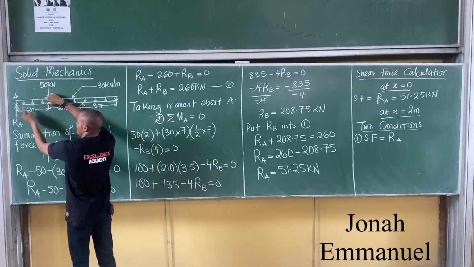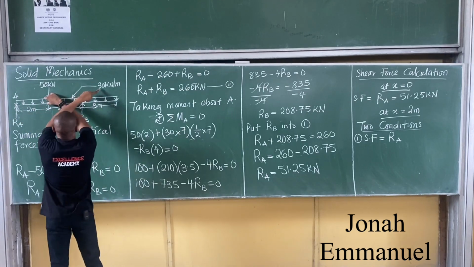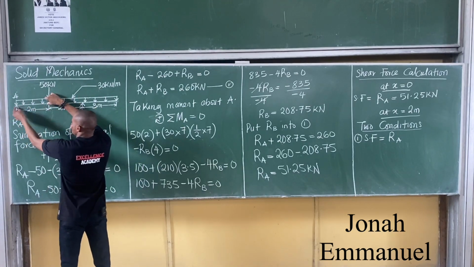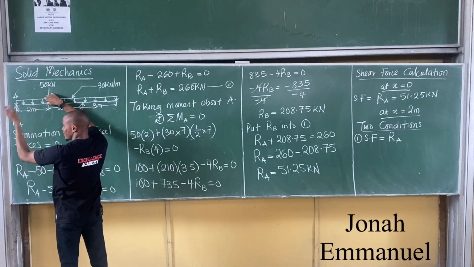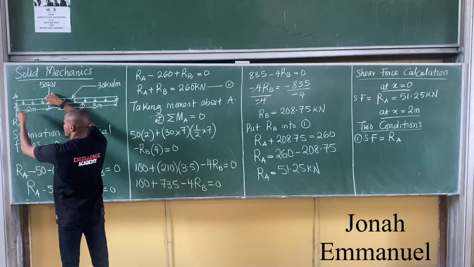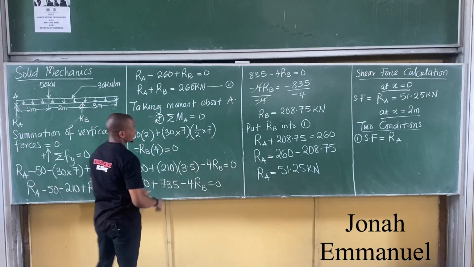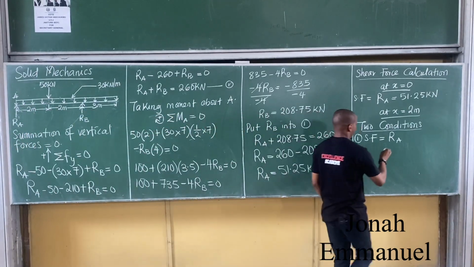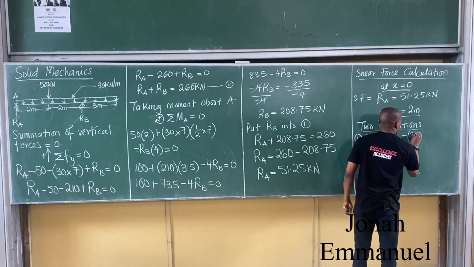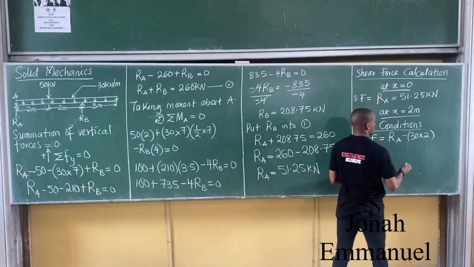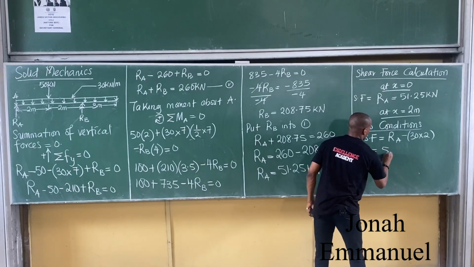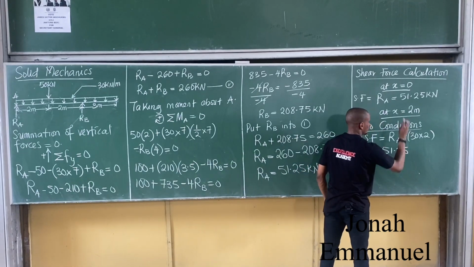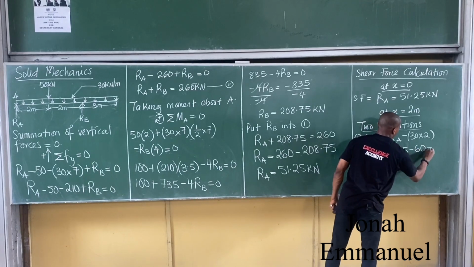For this distance here, I'm having just 2 meters. So the UDL, 30, times this distance, 2. Now since it's coming downwards, it becomes negative. So it becomes minus 30 times 2. This is before that point. So this now gives you RA, 51.25, minus 60. What's your value, please?